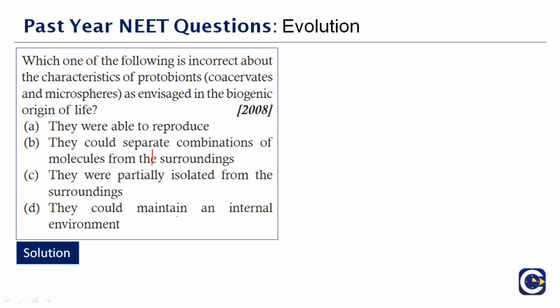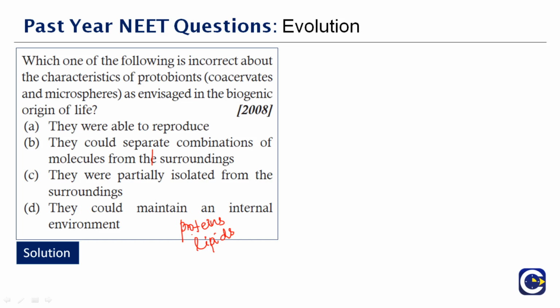You have proteins. I said macromolecules, so obviously it's proteins, lipids, and membranes, and contain enzymes that are capable of converting substances such as glucose into more complex molecules such as starch.